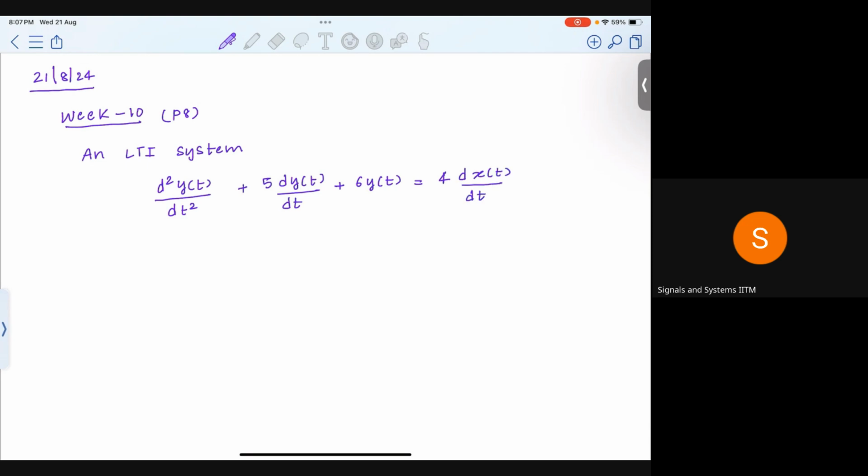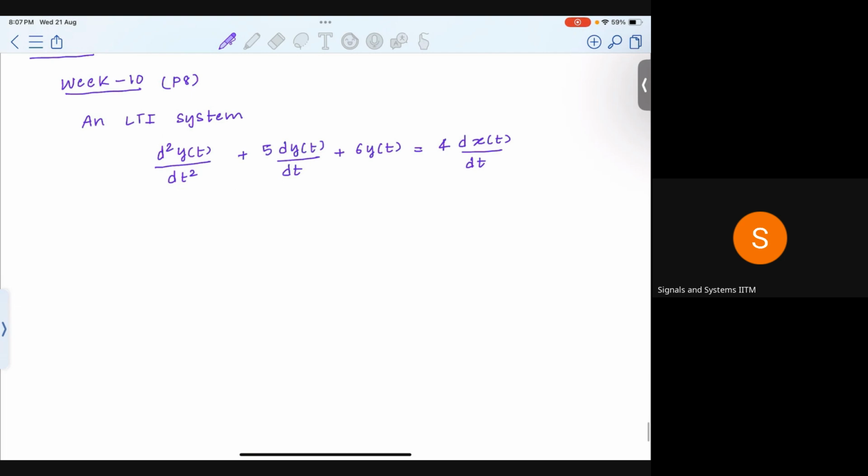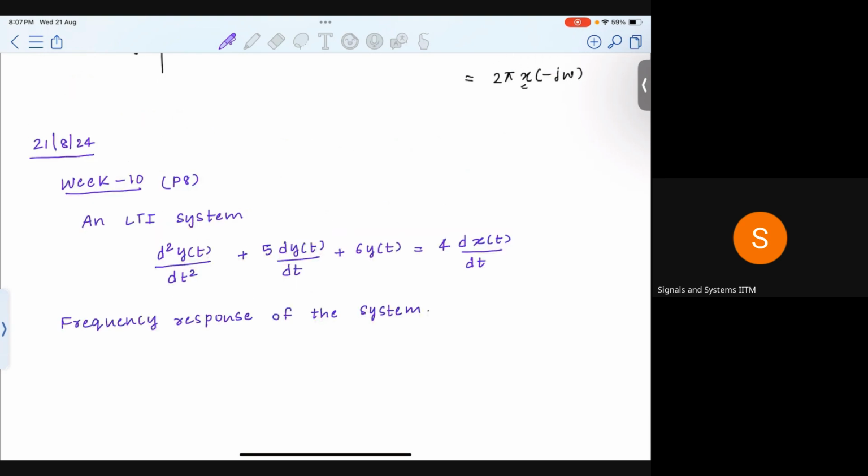And now the question is to find the frequency response of the system. Correct? So even before trying to solve this, let's try to recall some basics from what we have learned regarding the LTI systems.